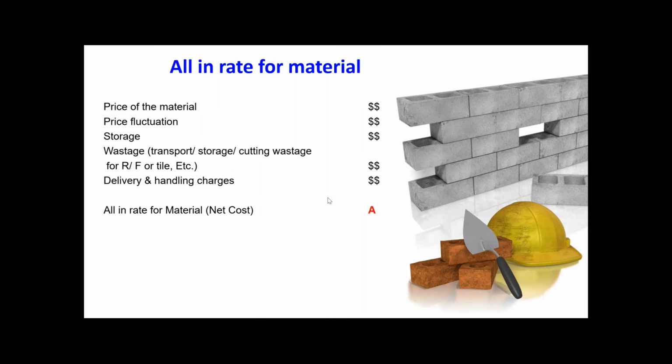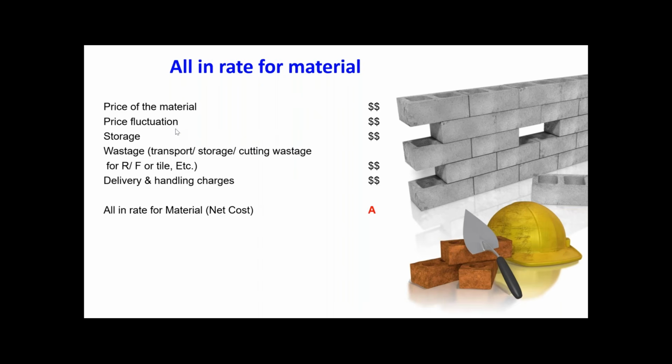So now, for example, you are a contractor, okay, you are buying the laptop for your staff. Assume this is a material, okay. So will you say my all-in rate for my laptop is only the purchase cost of the laptop? We have to include all the cost. Say you have to include the transportation cost, because you have to go and collect it.